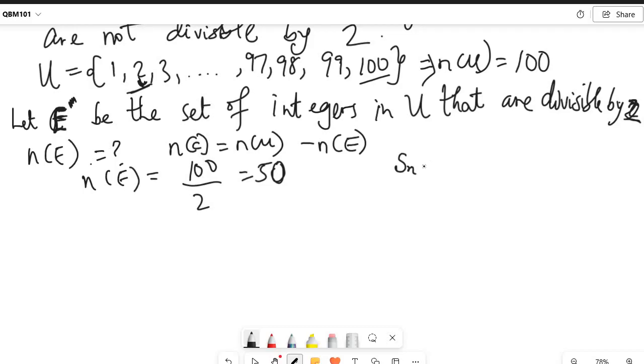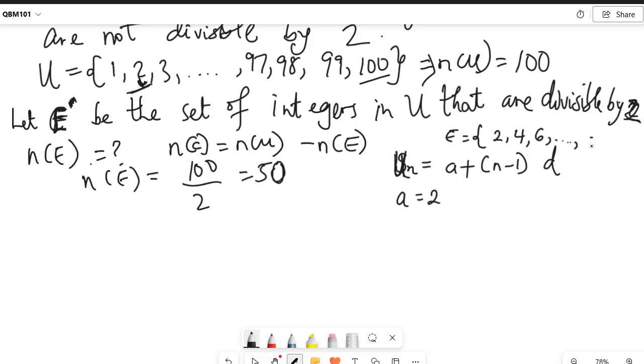I want to believe that this would be an AP, an arithmetic sequence or arithmetic progression, however way you know it to be. Sorry, U n, not S n, where your first term is 2, since the elements of the set E are actually 2, 4, 6, and so on up until 98, 100.